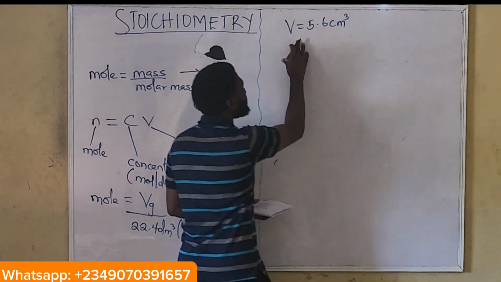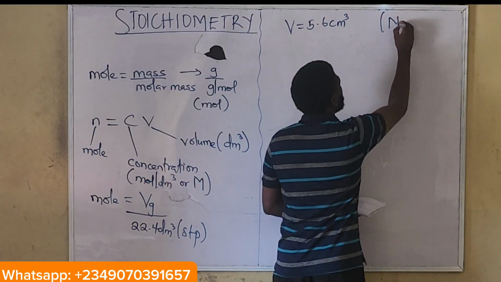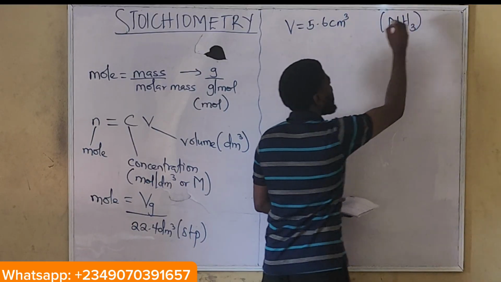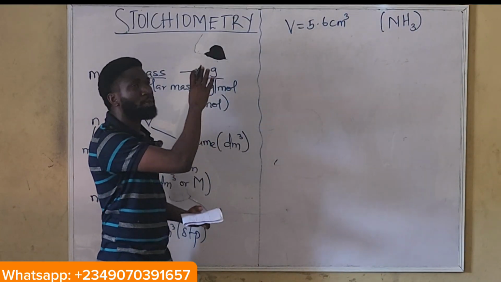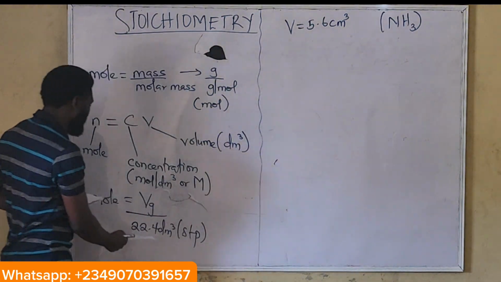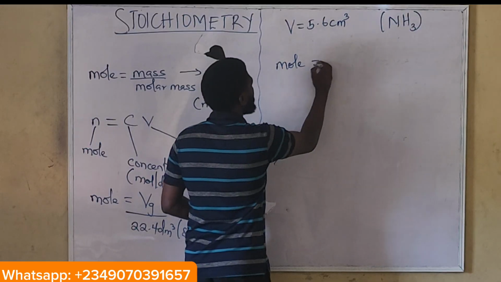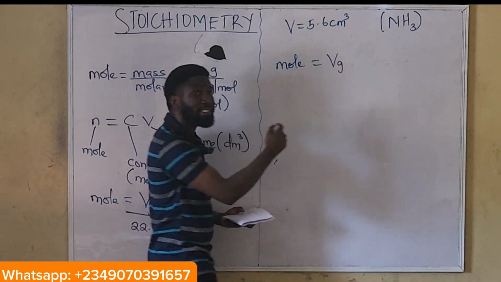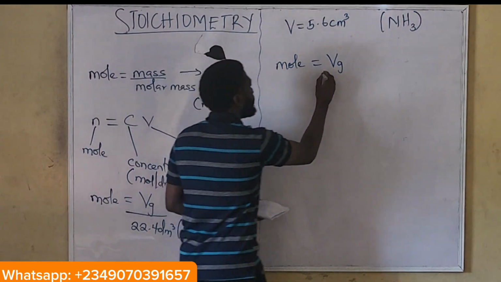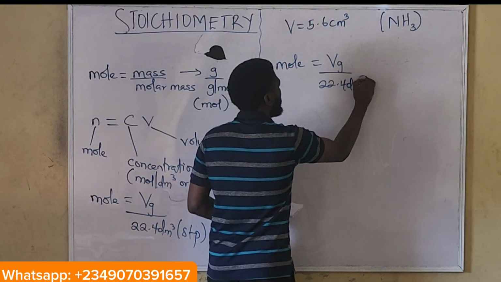This volume now is the volume for the gas, and the gas is ammonia, NH3. So we already have the volume given to us, and then we are told to find the mole. So using this formula, we are going to have mole to be volume of the gas, ammonia, over 22.4 dm cube.